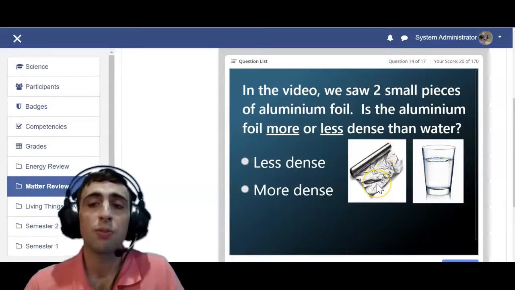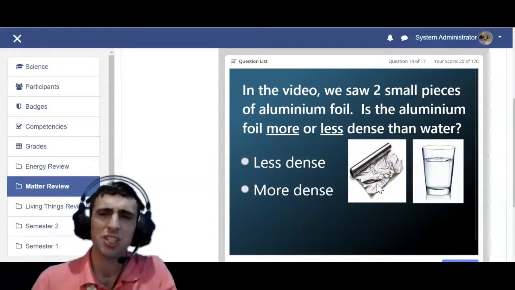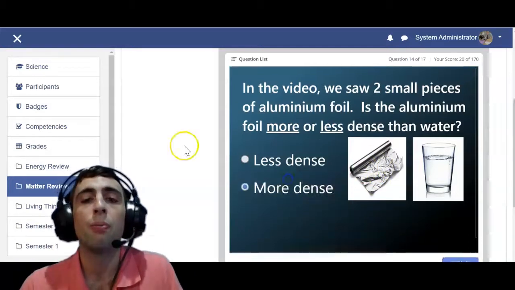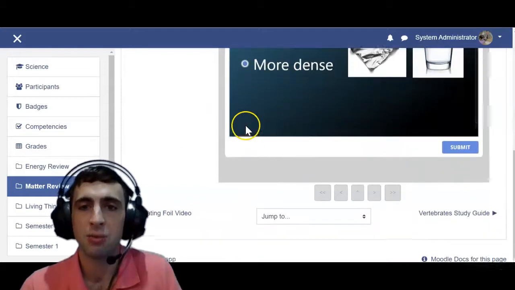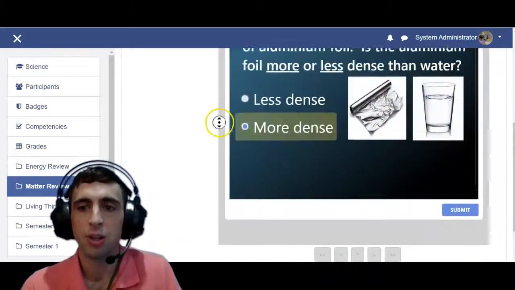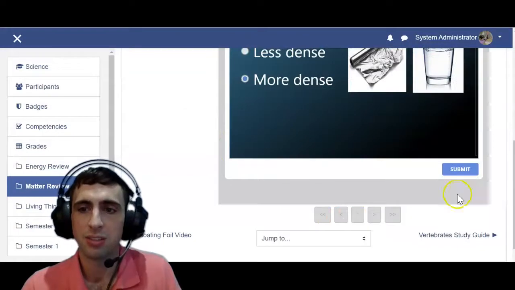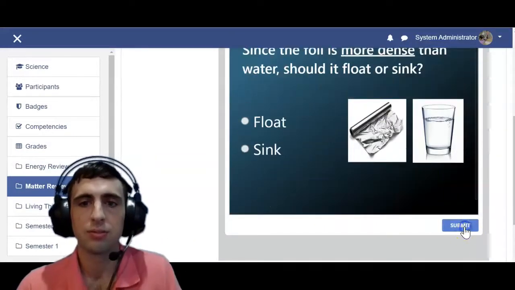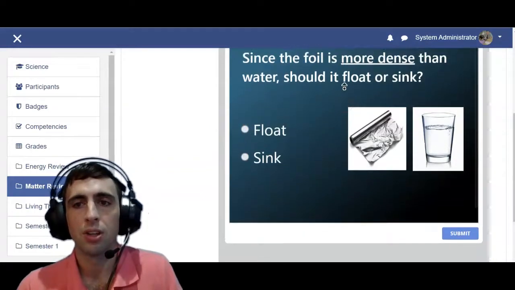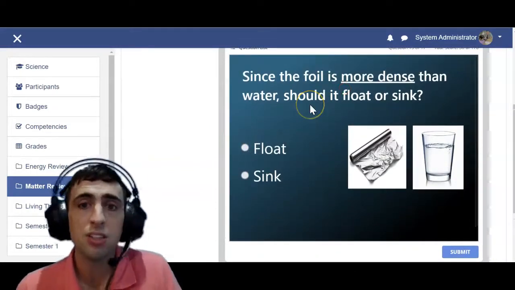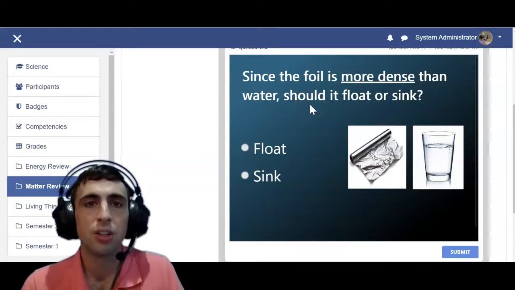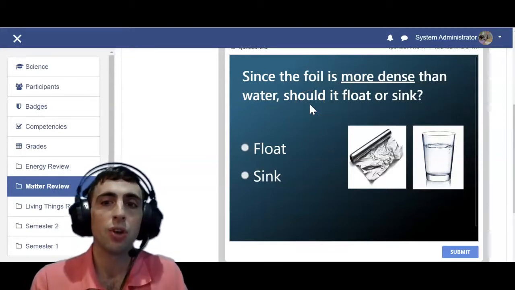The aluminum foil, the particles are closer together, so the aluminum foil is more dense than water. You want to answer more dense.